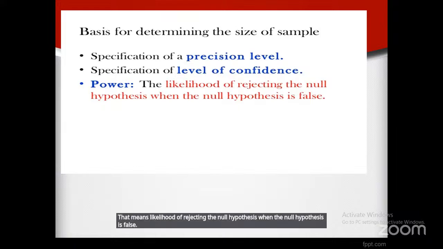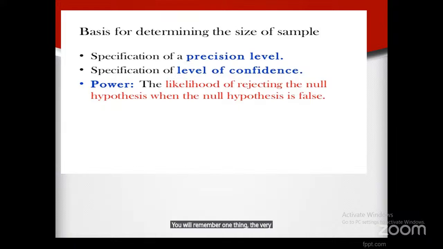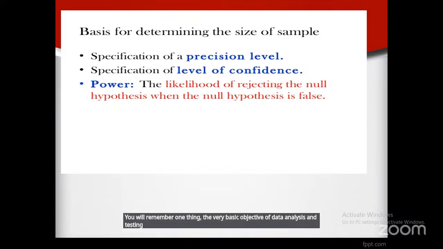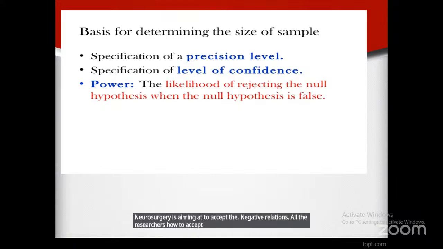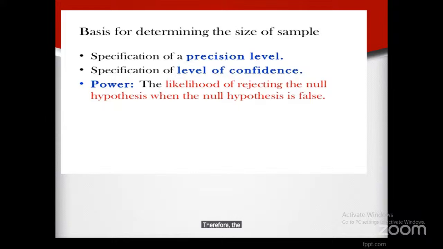You remember one thing, the very basic objective of data analysis and testing of hypothesis in social science research is to reject the null hypothesis, because the null hypothesis indicates the negative relation. No researcher is aiming to accept the negative relation. All the researchers have to accept positive relation. Therefore, the null hypothesis has to be rejected.